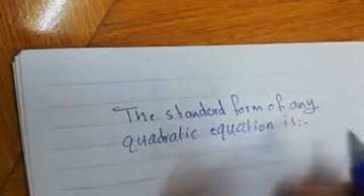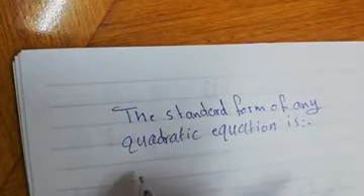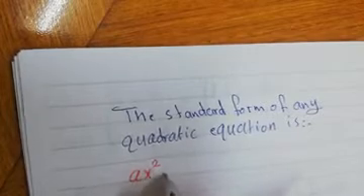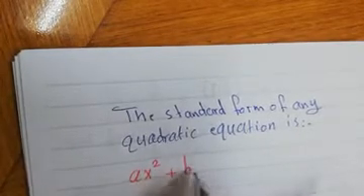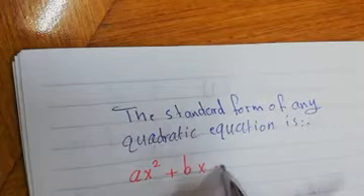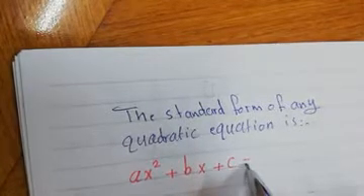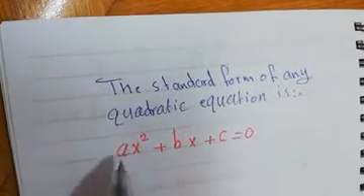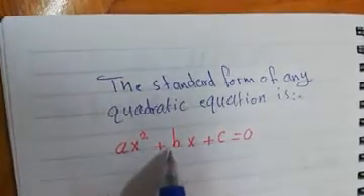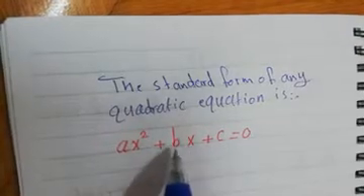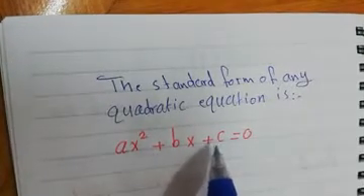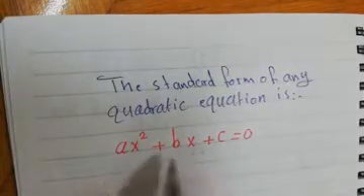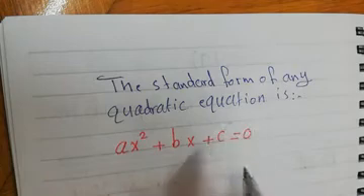You took this before, I think. It is ax squared plus bx plus c equals 0. The coefficient of x squared is a, the coefficient of x is b, and the constant is c. And the other side is 0. This is the standard form for any quadratic equation.